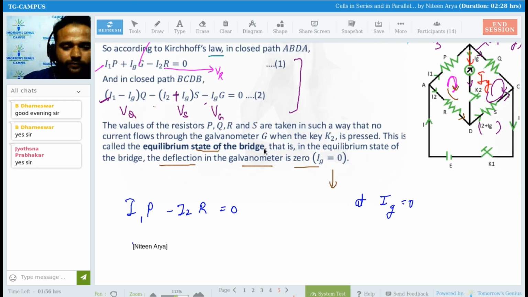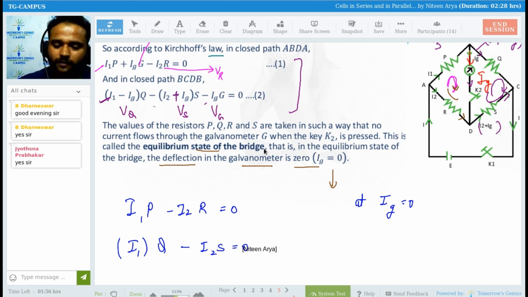And here we have I1 minus Ig is going to be 0. So I1 into Q minus I2 into S equals 0. Is this clear, everyone? So now this is your equation number 3 and 4.